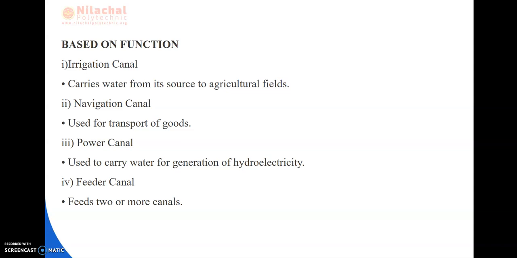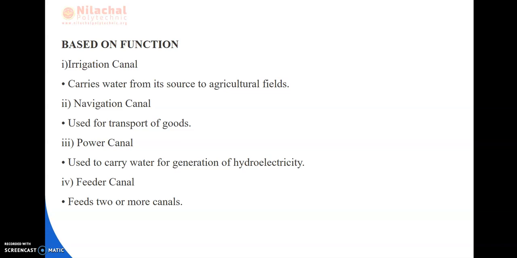Next is the navigation canal, which is mainly used for the transportation of goods. Next is the power canal, which is used to carry water for the generation of hydroelectricity. Next is the feeder canal, which feeds two or more canals.